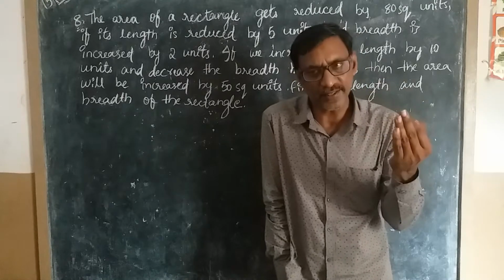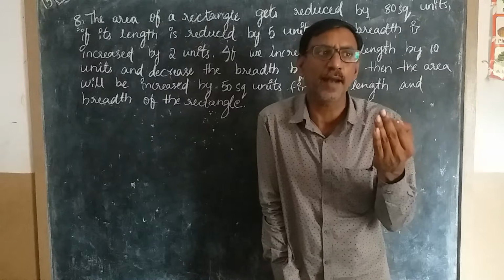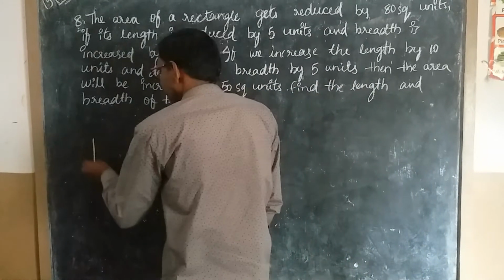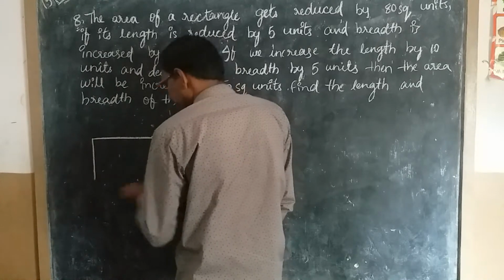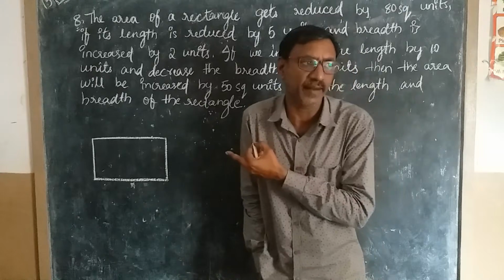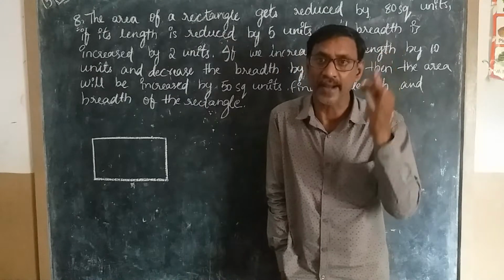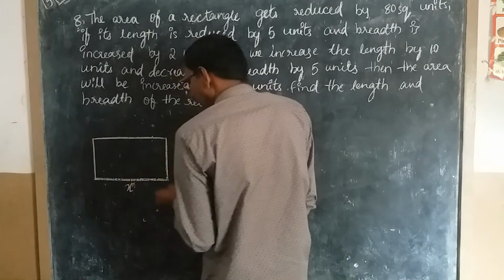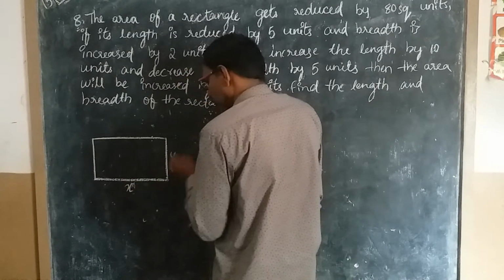First I will define the area of the rectangle with the help of x and y. Suppose this is my rectangle. I don't know the area of this rectangle, but keep this in mind. Suppose this is my length x and my breadth is y.